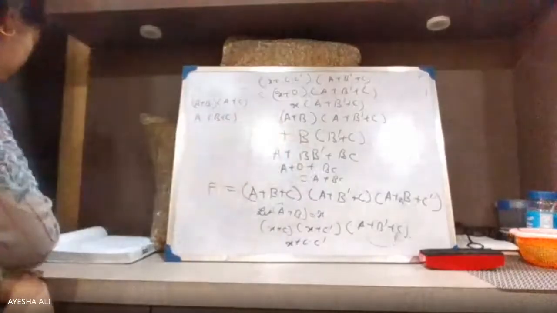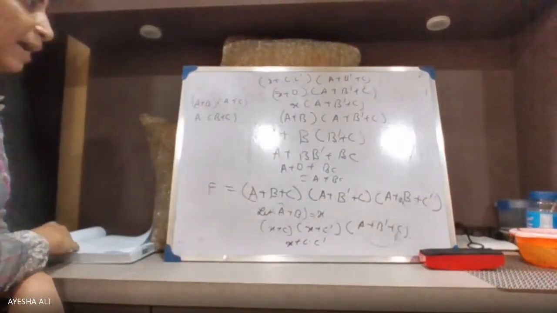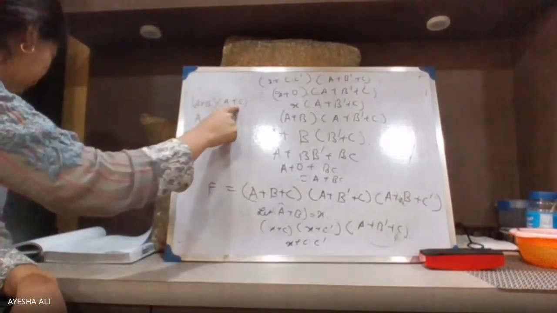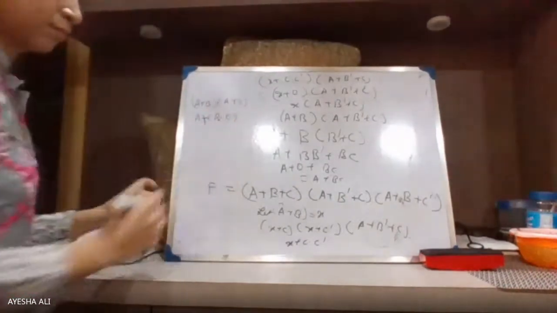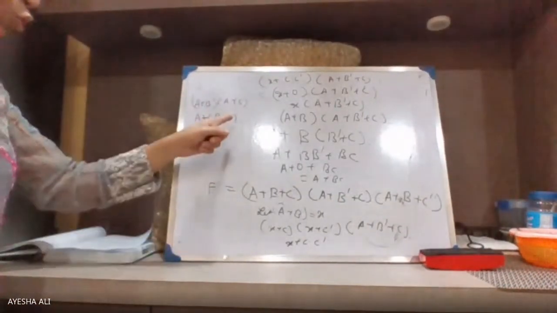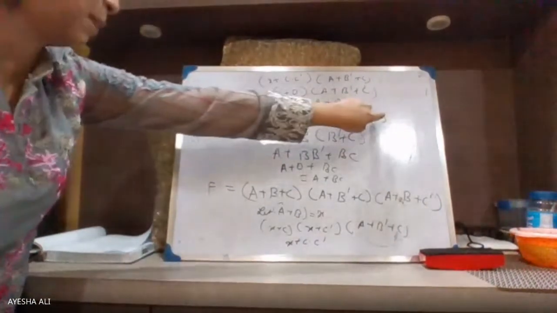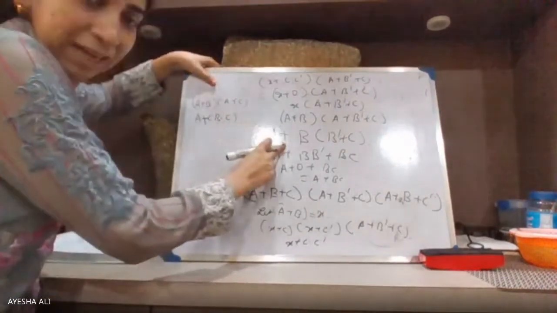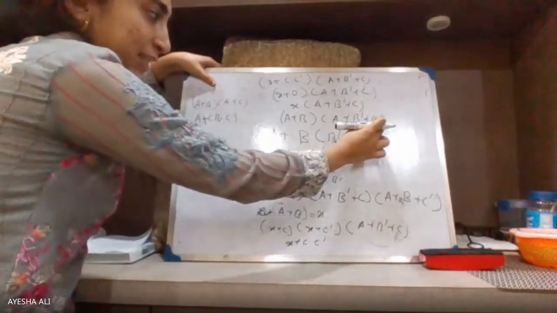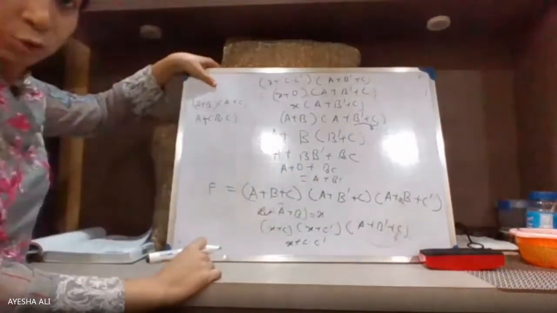See, what was your distributive law? A plus B into C equals A plus BC. So here, assume this is A plus B and A plus C. Assume this is your C part. Fine, assume it is D, you might get confused.